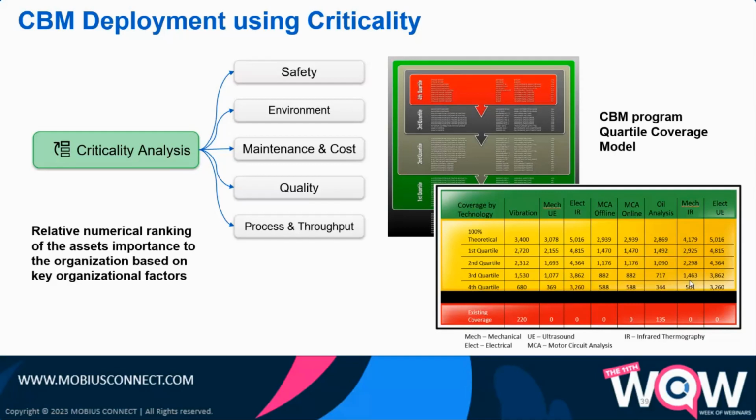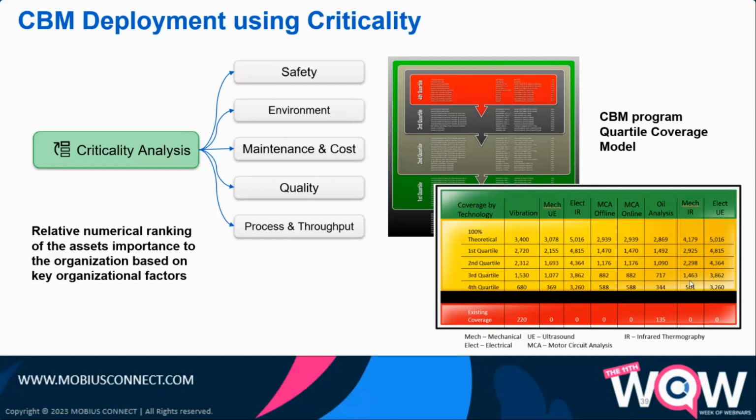And when your program reaches a level of consistent performance in areas such as route compliance, your ability, we call mean time to implement, but ability to, after a defect is identified, to plan, schedule, and execute that work in a timely fashion, right? And you can consistently repeat that performance, then you go to the next quartile level and you grow your program into your 3rd quartile. And you do the same thing all the way down through the 1st quartile coverage to get to your full coverage model.